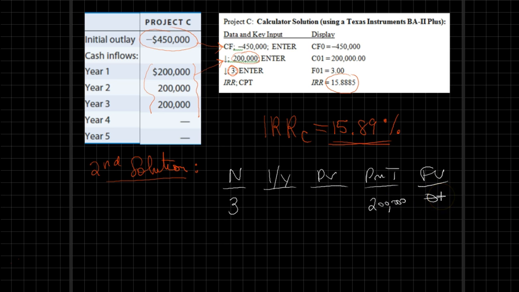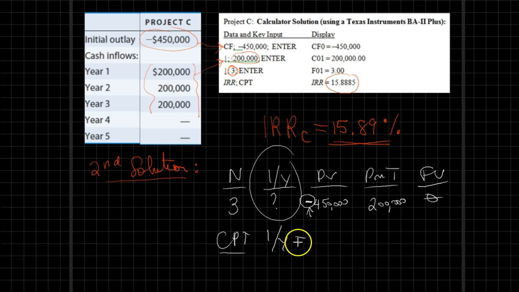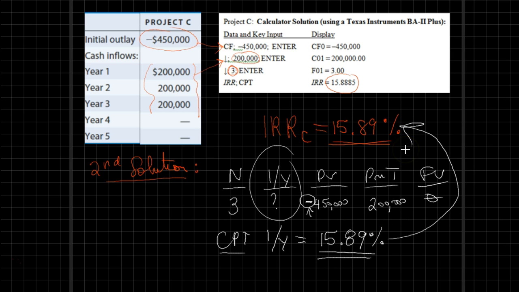There's no future balance or salvage value on the project, and we need to make sure to make a $450,000 initial investment. So don't forget to put the minus sign here, very important. And the question is the IRR. So you just press compute I over Y, and you should get that the IRR will come out as 15.89%, in agreement with our very first solution.